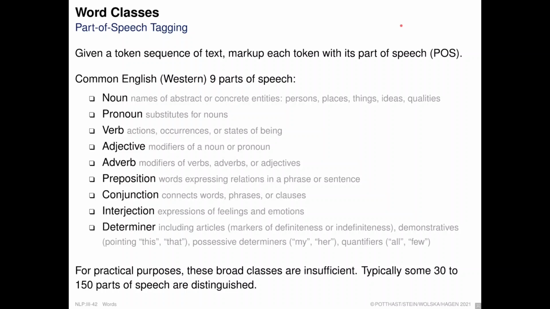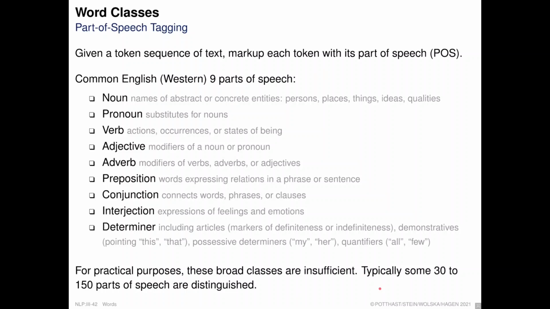In fact, these are the classes that are used by modern NLP systems under the heading of universal parts of speech. This is nothing else than the traditional word classes known to grammarians forever and reinvented not so long ago by NLP people.